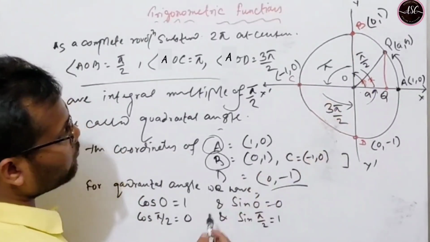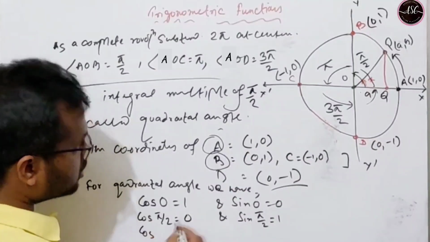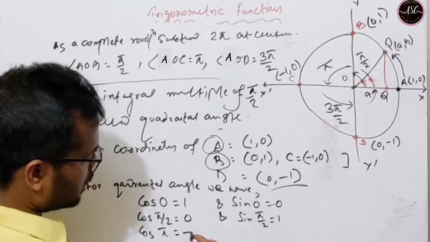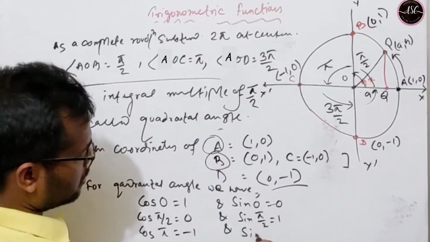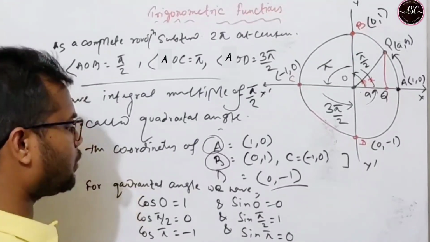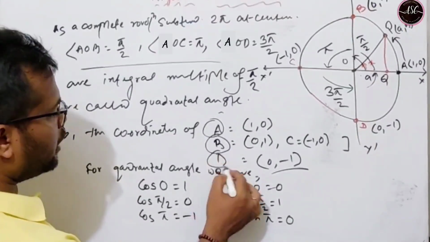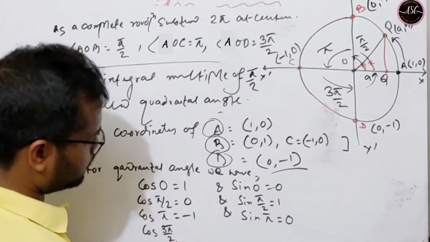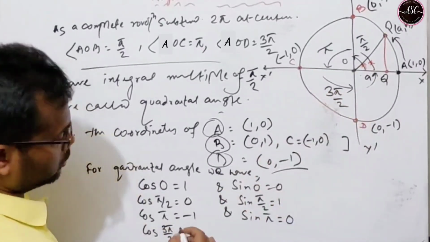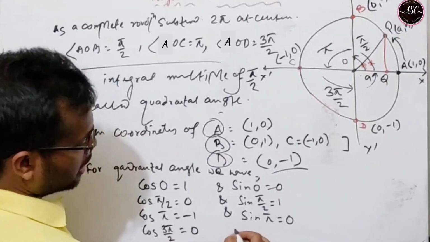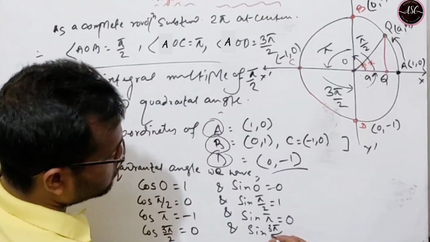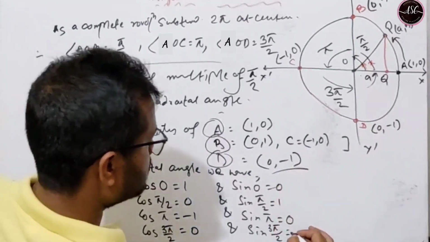Then for C the angle will be pi, so cos pi equal to -1, and sin pi equal to 0. For the point D, the angle will be 3 pi by 2, so cos 3 pi by 2 equal to 0, and sin 3 pi by 2 equal to -1.